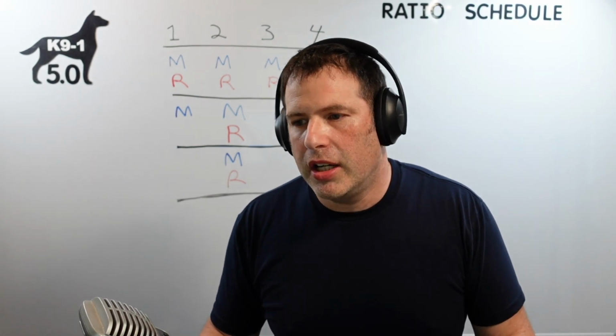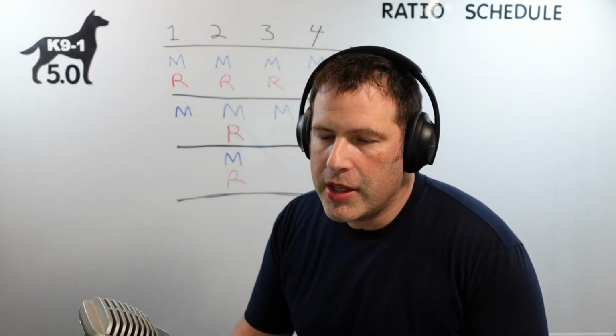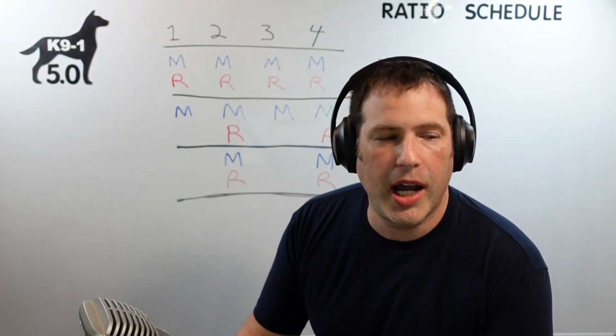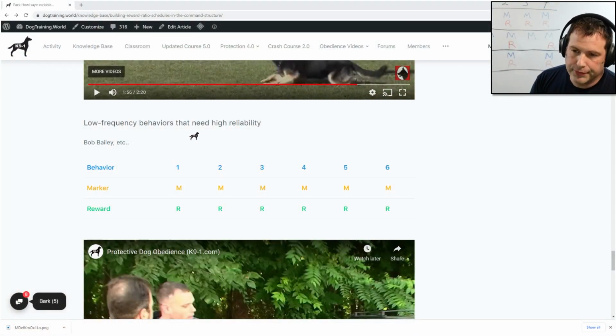The other last thing that I want to talk about here, and then I'll just show you some more of the stuff in action, is, I'm kind of coming back to this. In an earlier lecture, I talked about Bob Bailey, who I'm so impressed by everything that he accomplished.